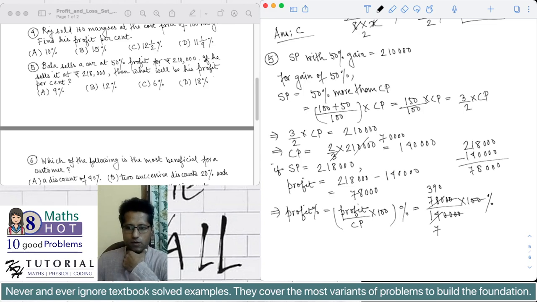So profit is 78,000, and hence the profit percent will be profit by CP multiplied by 100, which is 78,000 divided by 1,40,000 multiplied by 100, giving 390 by 7.